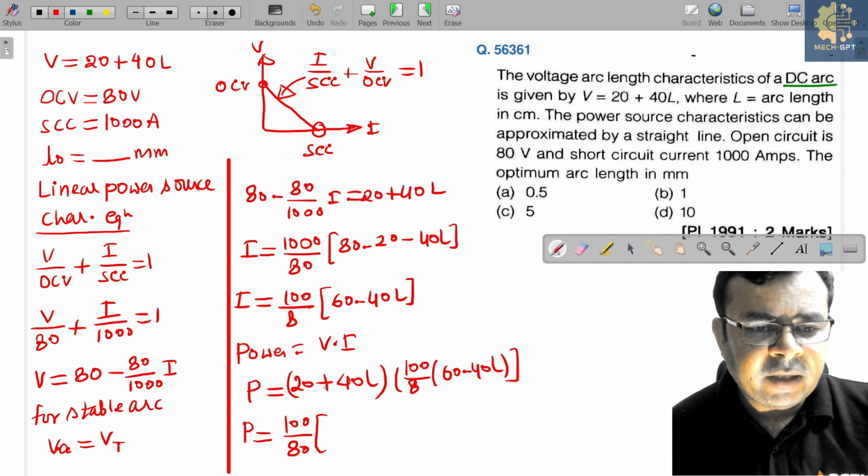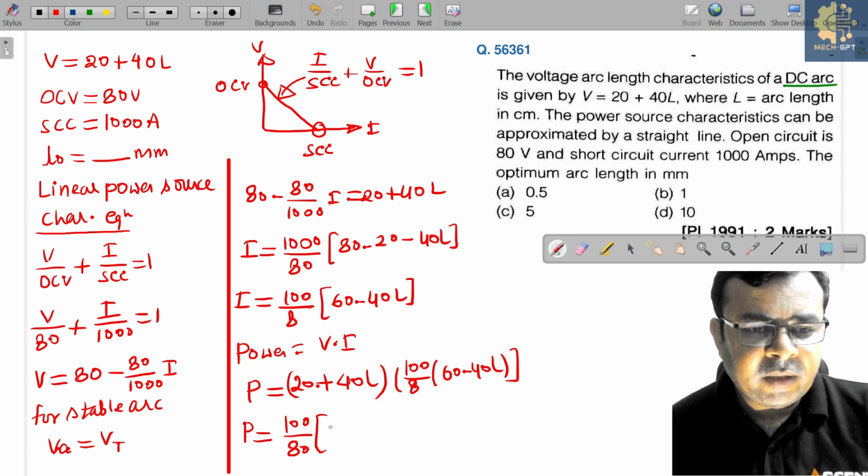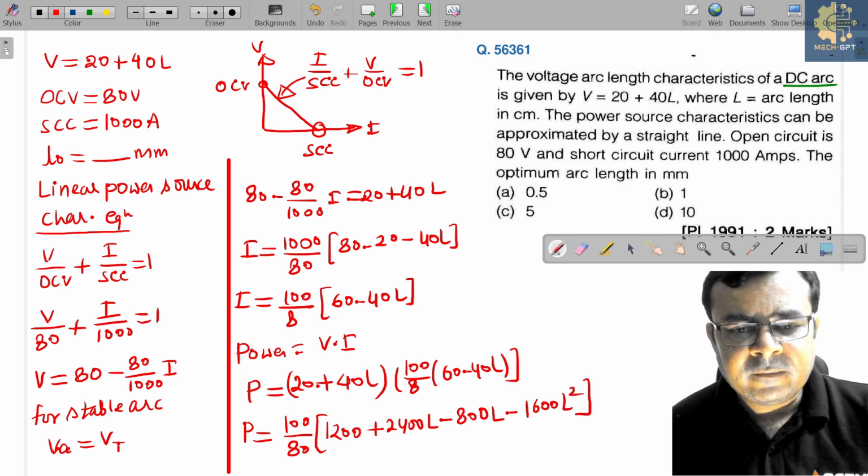Now if you multiply 20 plus 40L times 60 minus 40L, simply here I am writing 60 into 20, this is 1200, plus 2400 L, minus 800 L, minus 1600 L square.